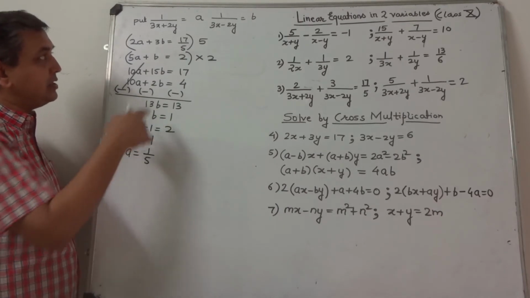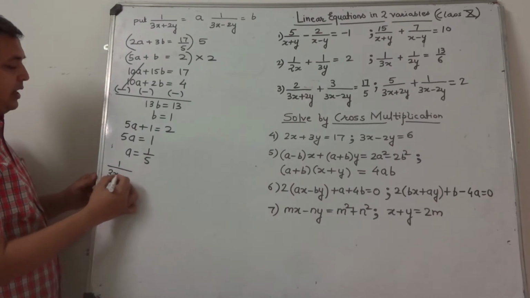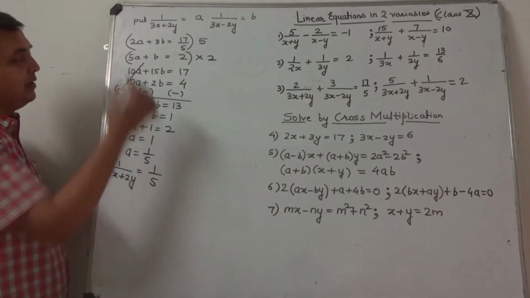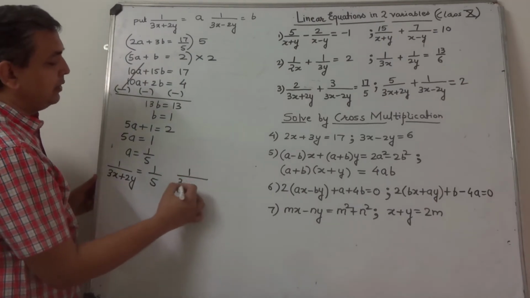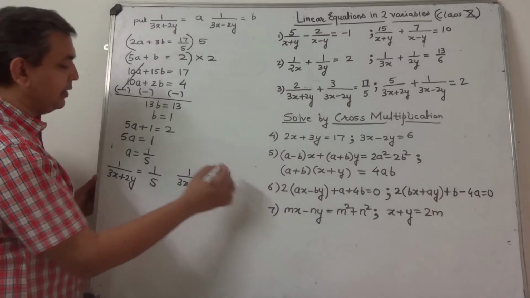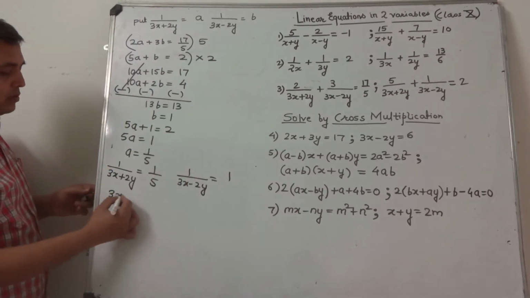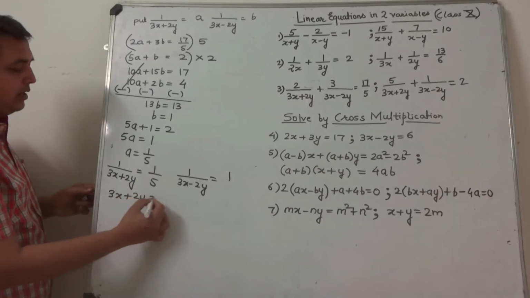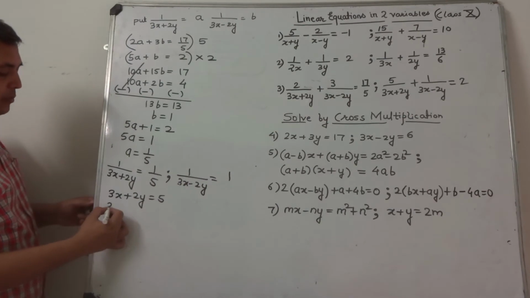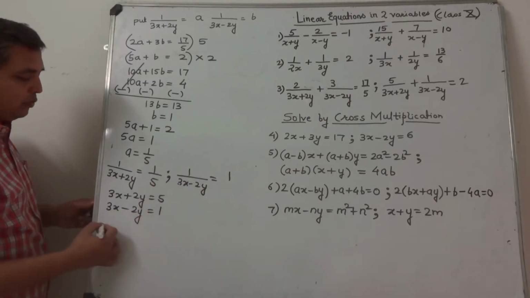Now we replace these values here, so we get 1 upon 3x plus 2y equal to a, that is 1 by 5, and 1 upon 3x minus 2y is equal to b, that is 1. From here we get reciprocals, so 3x plus 2y equal to 5. And from this equation, taking the reciprocals, we get 3x minus 2y equal to 1.